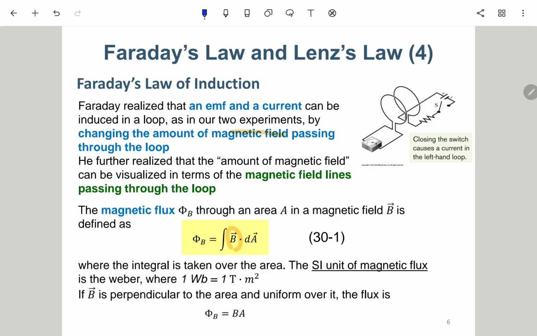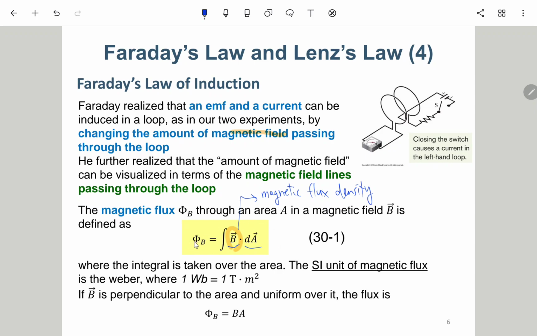That's why at the beginning of chapter 28 I said a rigorous name for the B field is not magnetic field, it should be the magnetic flux density. Magnetic flux density, because if we integrate it over an area, it becomes the magnetic flux. So it's something like the magnetic flux density rather than a magnetic field.